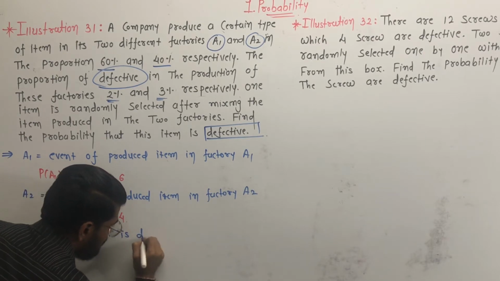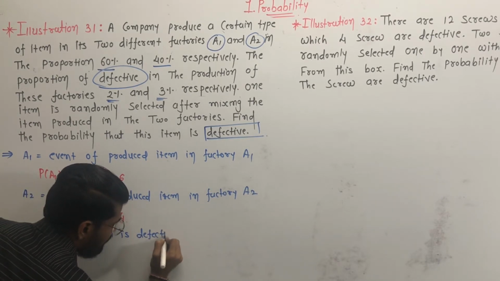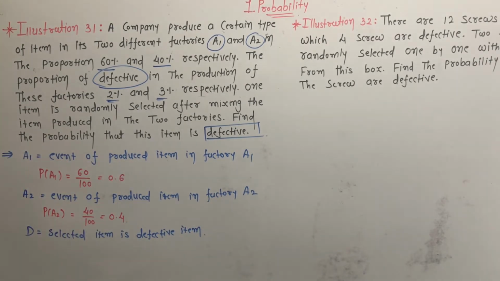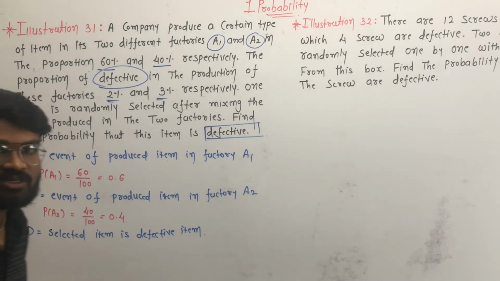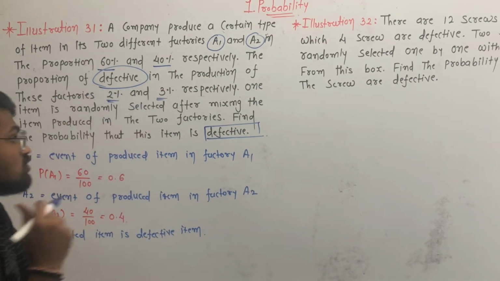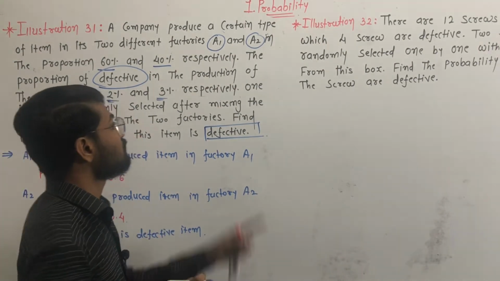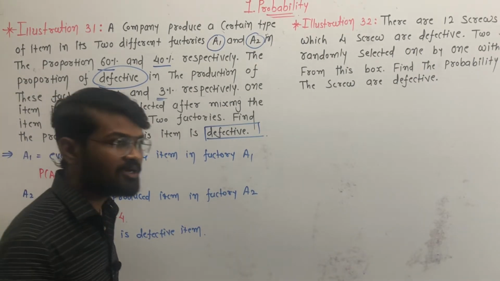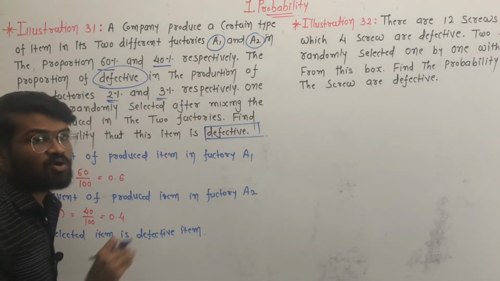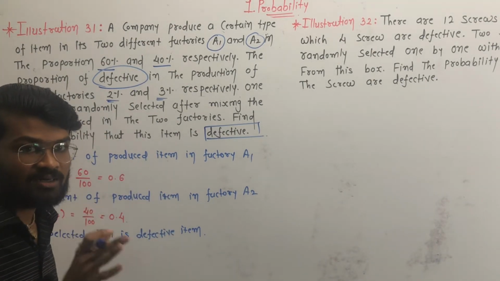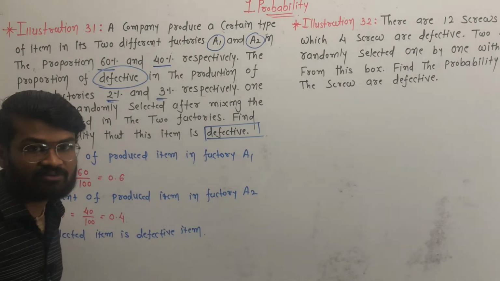Now we have to select a defective item, but we can select a defective item from factory A1, and also we can select a defective item from factory A2. So the selection of the defective item is under the condition of events A1 and A2.